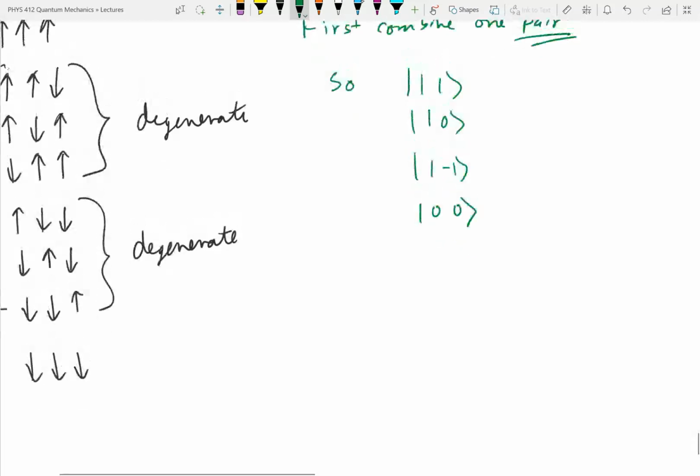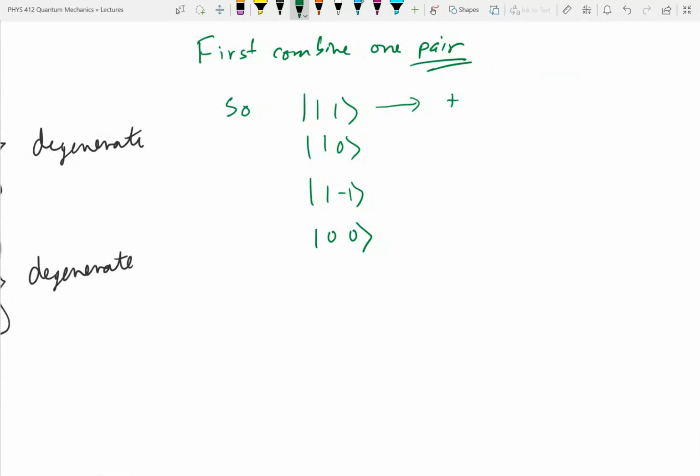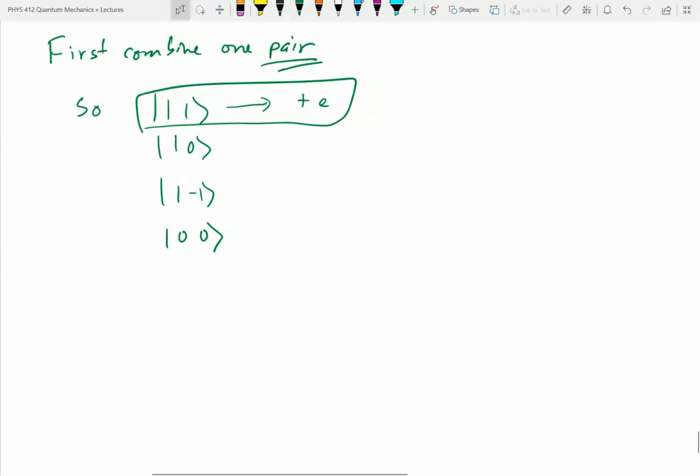And then we're going to say, okay, if I combine an electron with this, so now I can combine this state with an electron, then I have S equals 1, and those combined would give me S total equals 3/2 or 1/2.